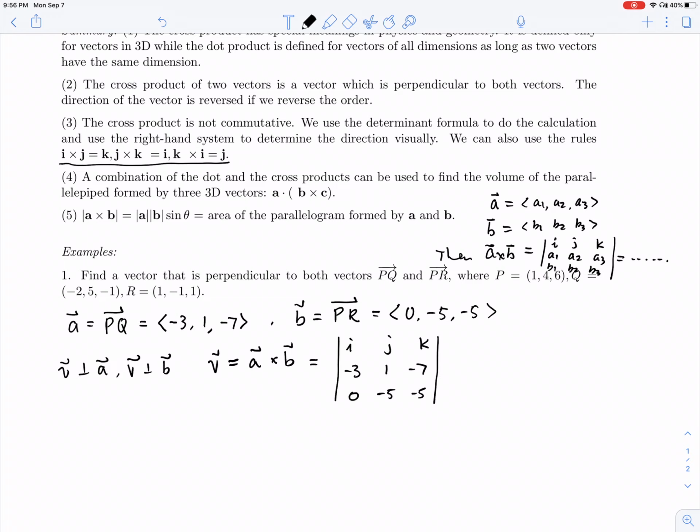All right, and then we expand over the first row. So this is going to be the determinant of 1, -7, -5, -5, times I.